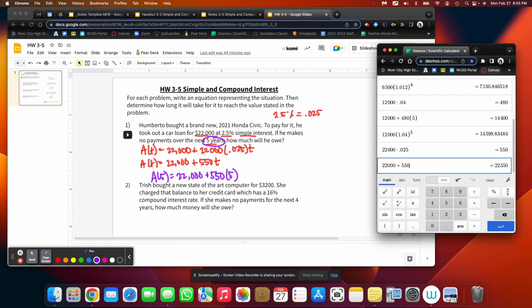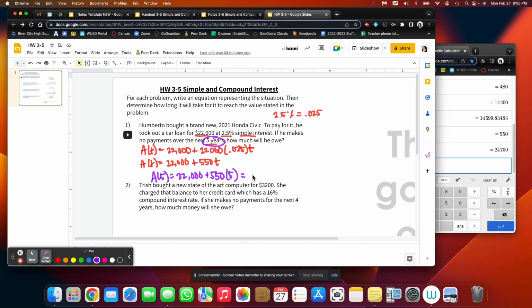So how much will he owe? He will owe $24,750. So he will owe $24,750 after 5 years.